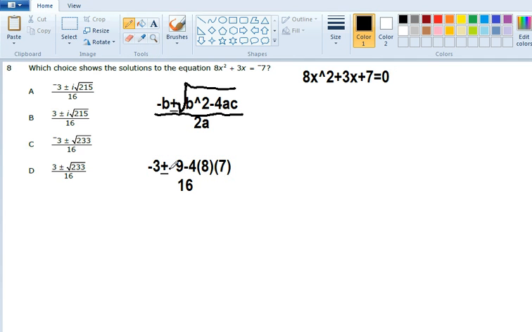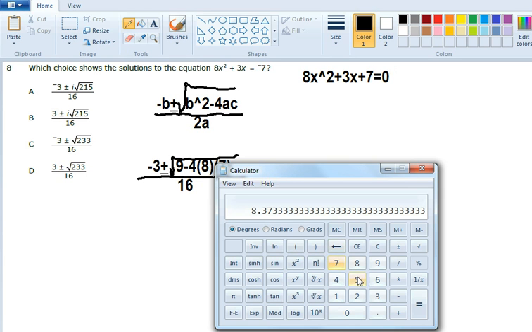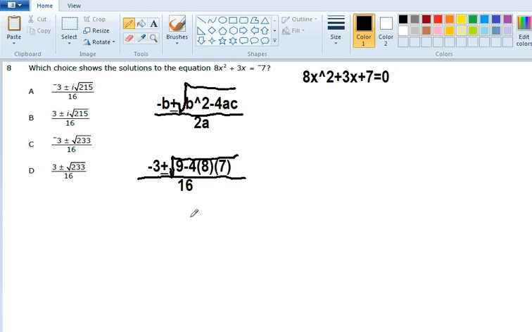Okay, so again we have this beautiful square root and the division. So negative 3 plus or minus the square root of 9 minus 4 times 8 times 7, over 16. Well, 8 times 7 is 56, times 4 is 224.